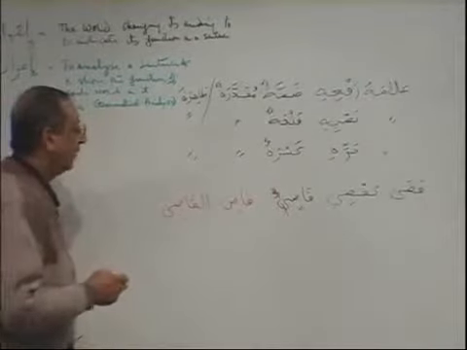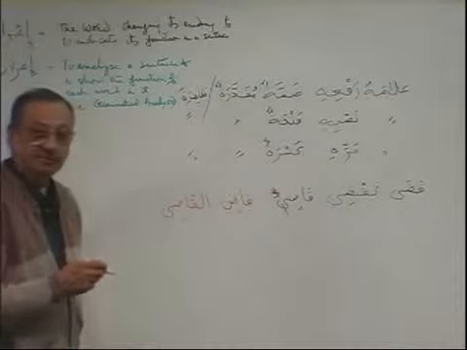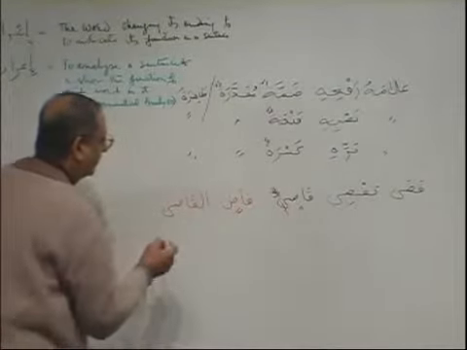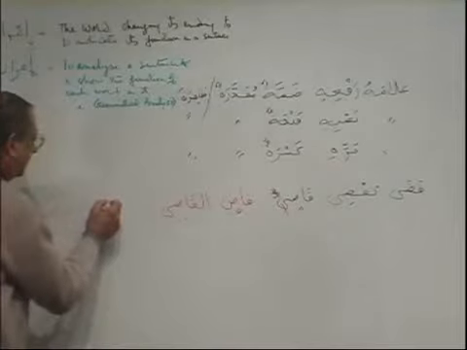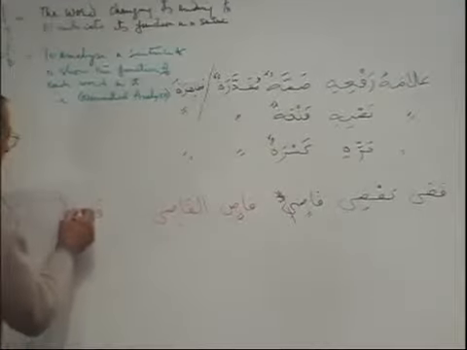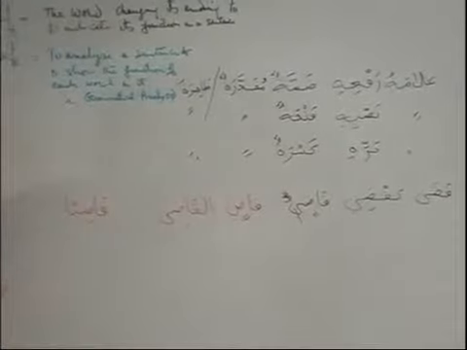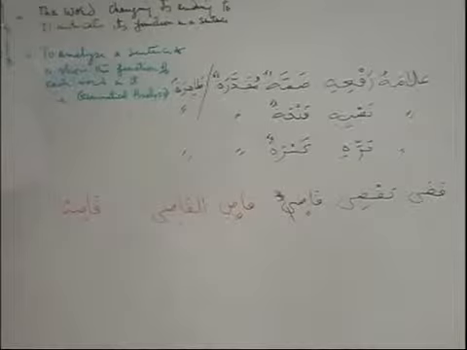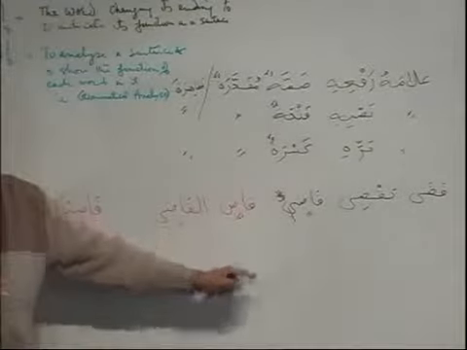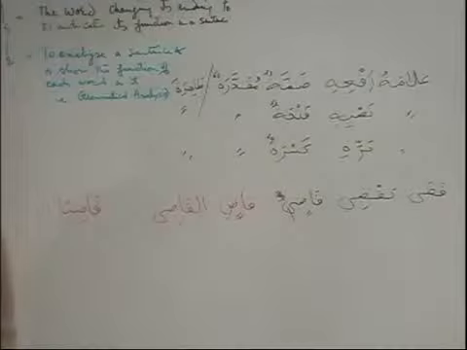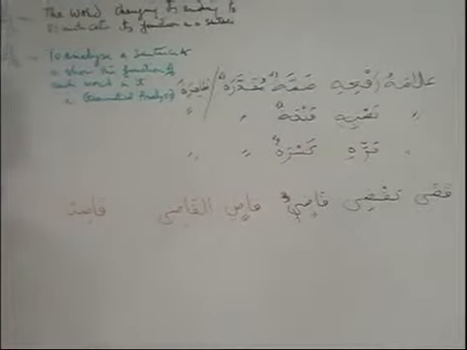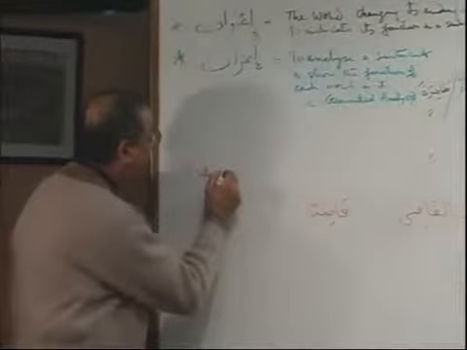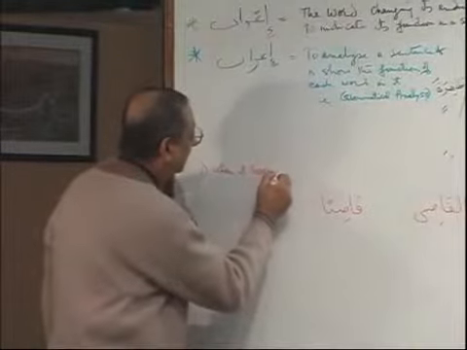Fine. Now, brothers and sisters, if you make this mansoob, then the ya will open up: kadiyan. Now these are the rules we must remember. When will the ya become visible in mankus? Number one, when it becomes definite.